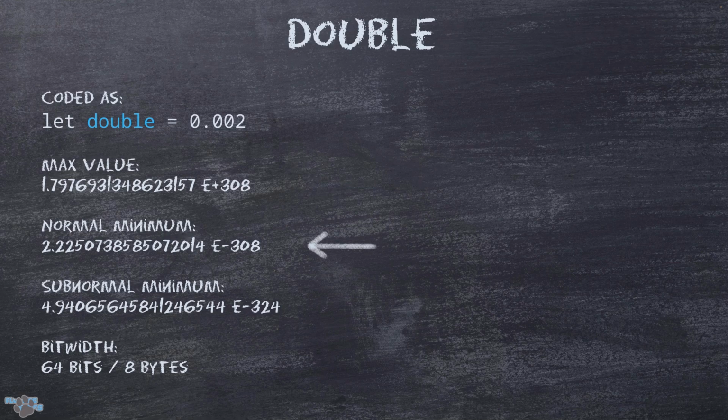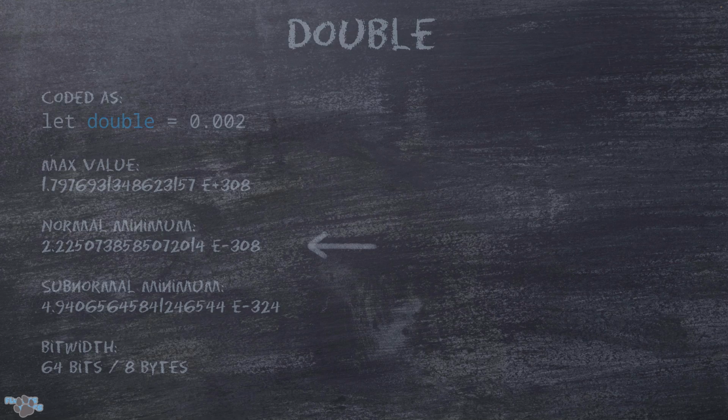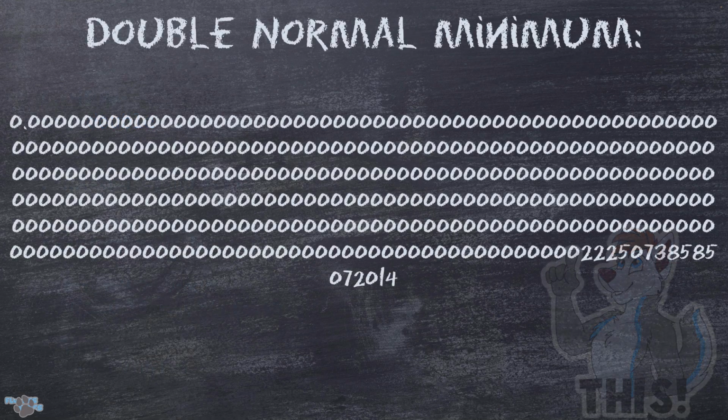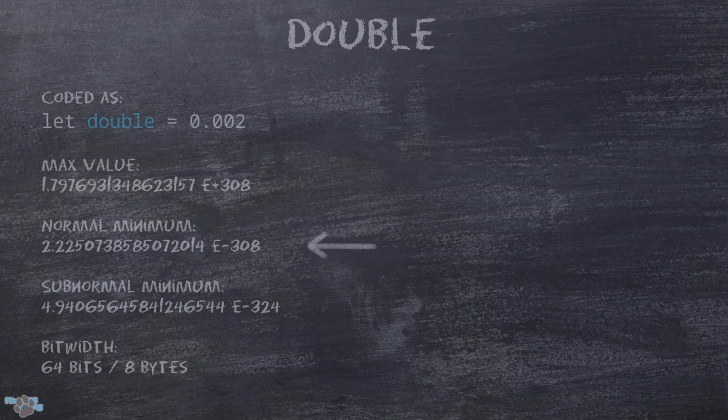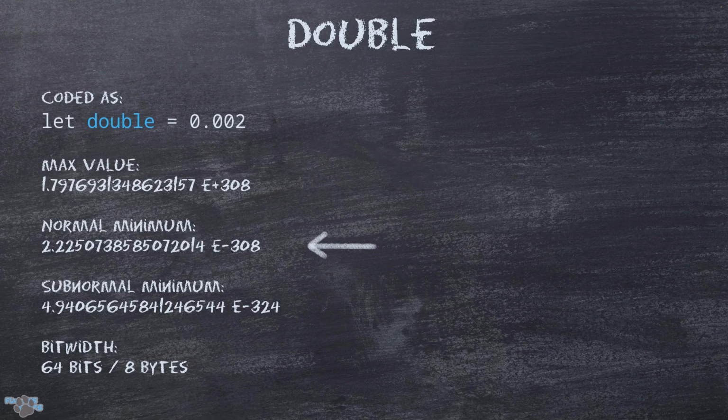For the double's normal minimum, we have this, or 2.2250738585072014 times 10 to the power of negative 308.